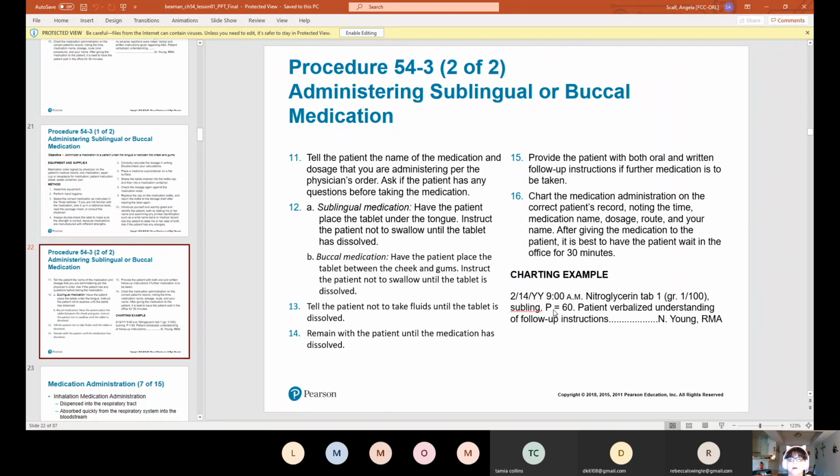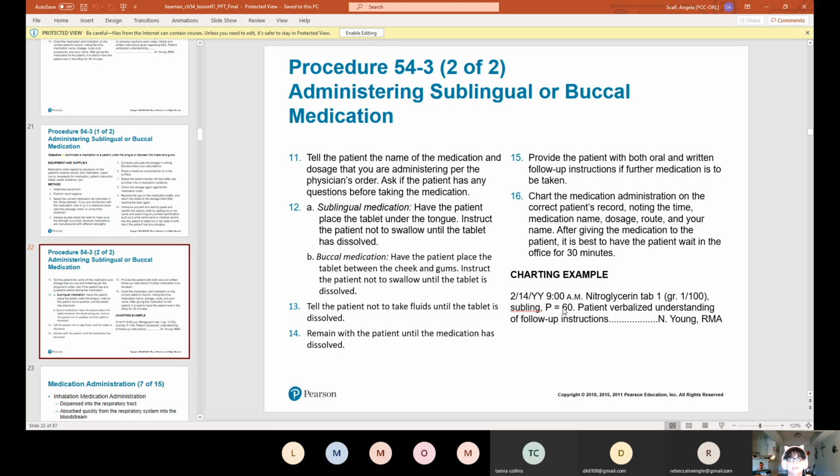Patient P60, patient verbalizes understanding of follow-up instructions and their understanding. This P60 is the patient's pulse, and after nitro or something like that. Because when we take pharmacology, we learn nitroglycerin is used for what they call pectoral angina, and sometimes it can be chest pain.